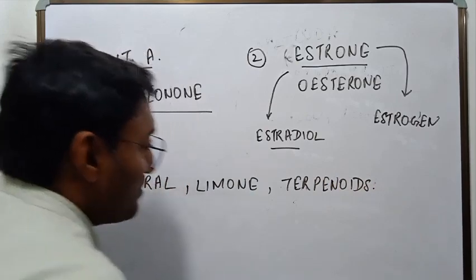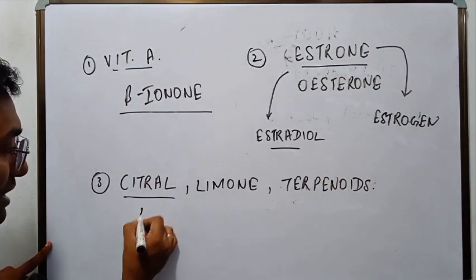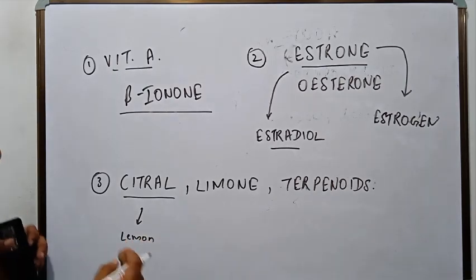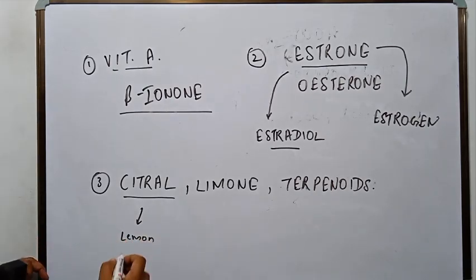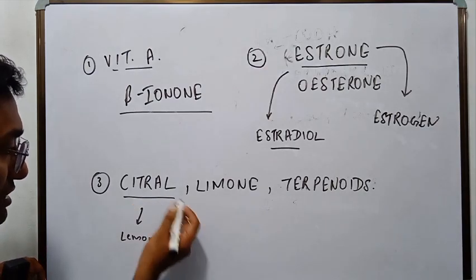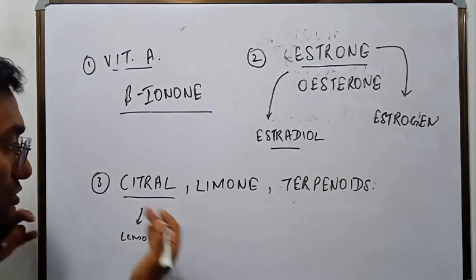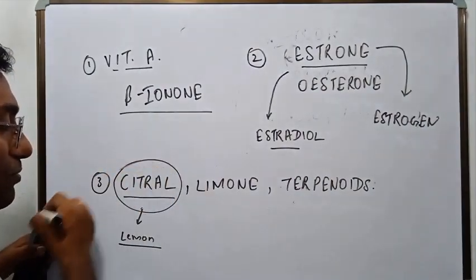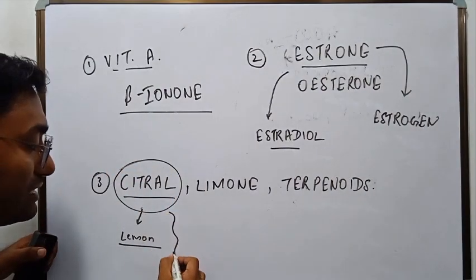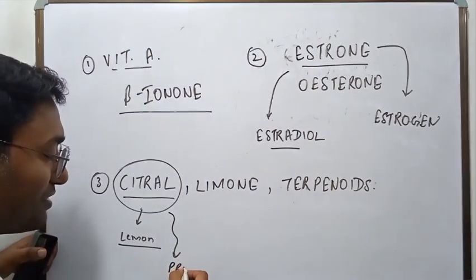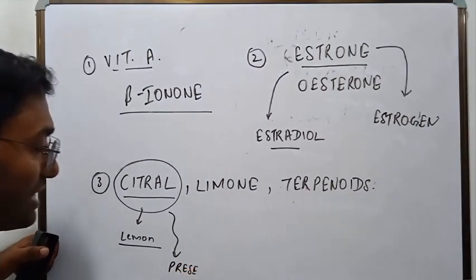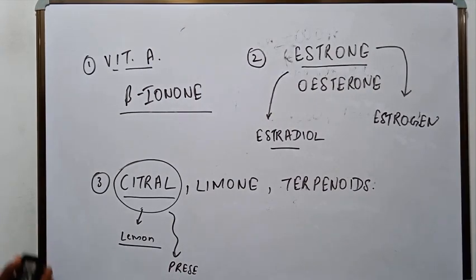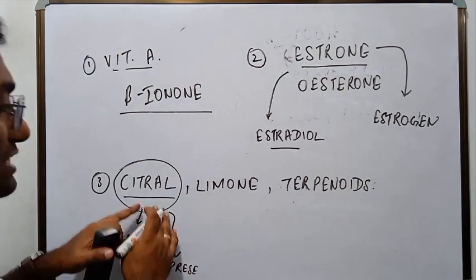Citral has a strong lemon flavor and lemon odor, so you can use it in perfumery, and also in food items. It has also got antibacterial, antifungal properties, which makes it a very successful preservative.